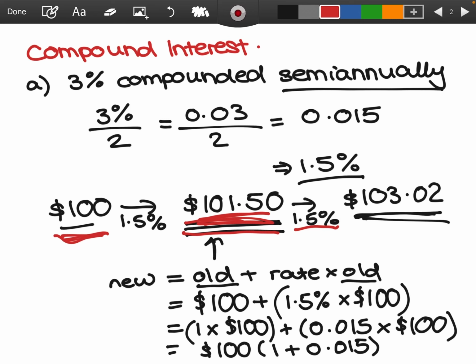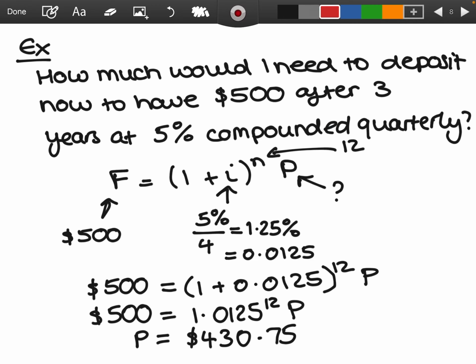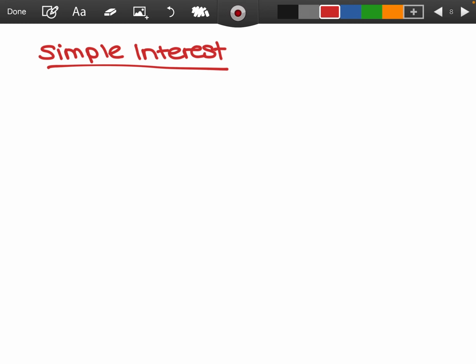So I was accruing interest on the interest that had already been added to the account, as well as my principal amount. Okay? That doesn't happen with simple interest. With simple interest, you just get interest on the principal amount. Now, you may get it multiple times, but it's always just an interest rate on my initial amount.